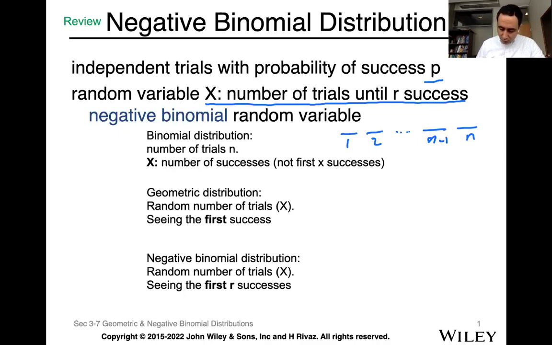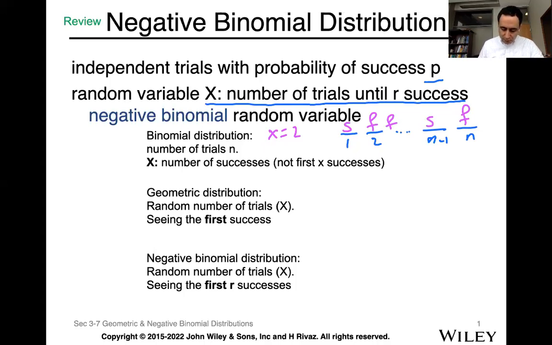Assuming, for example, X is equal to 2, I can have a success in the first trial, and then a failure, and then a bunch of other failures, and then some success here, and then another failure here. This is an acceptable outcome for the binomial distribution.